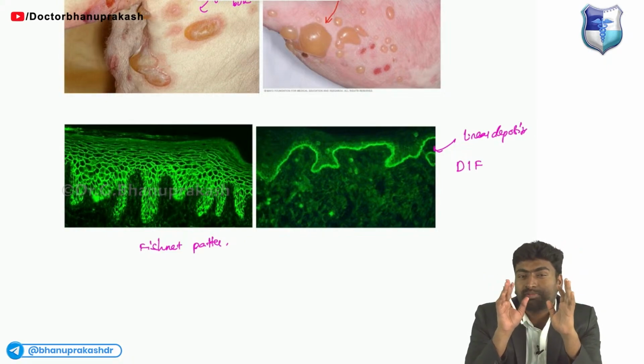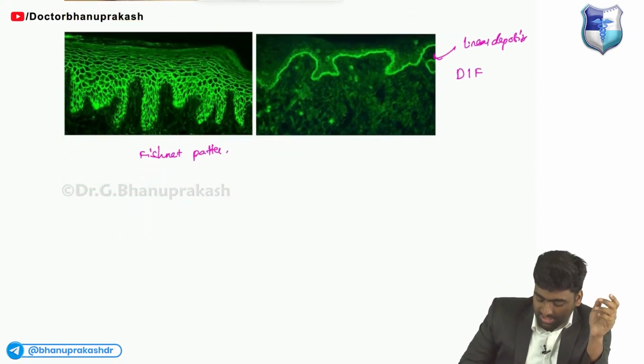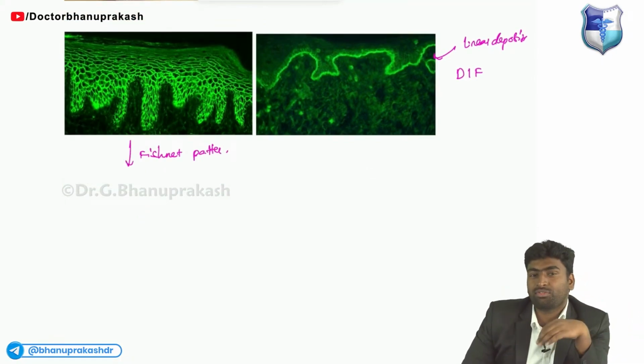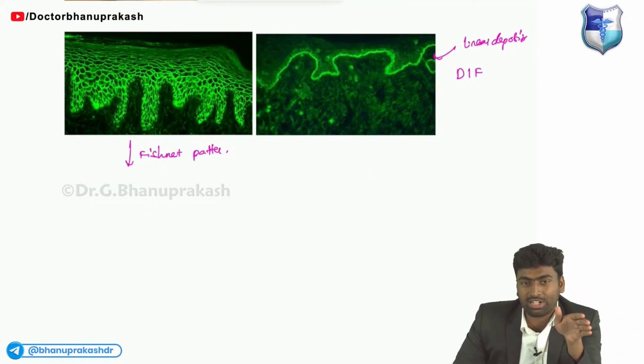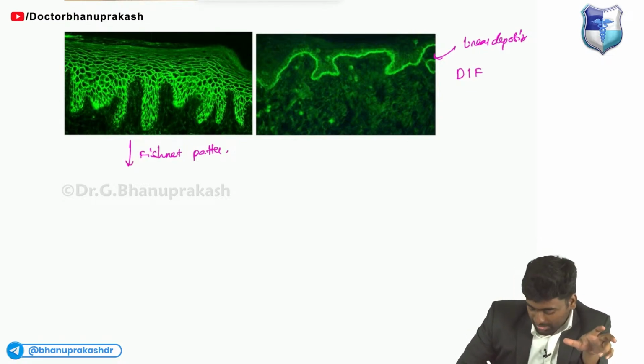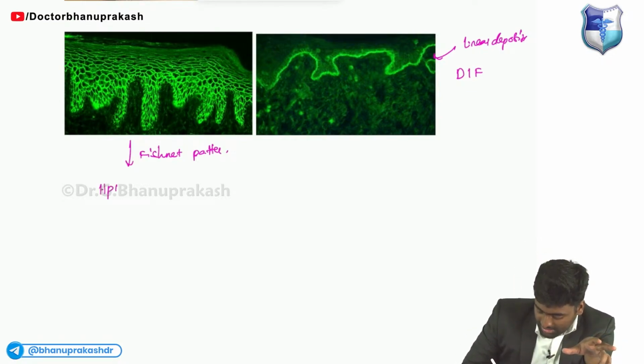So remember, in Pemphigus vulgaris you will see this fishnet appearance, like they put fishnets and catch you, kill you, bury you and put a tombstone. On histopathological examination, you will see a row of tombstone appearance.